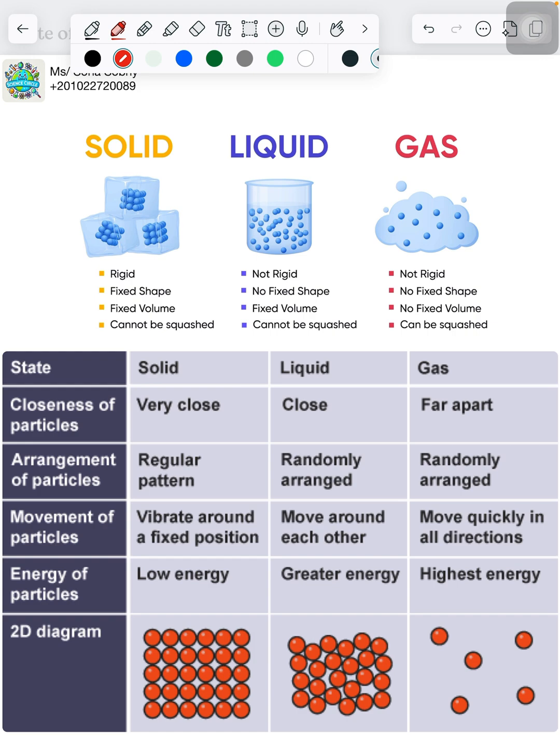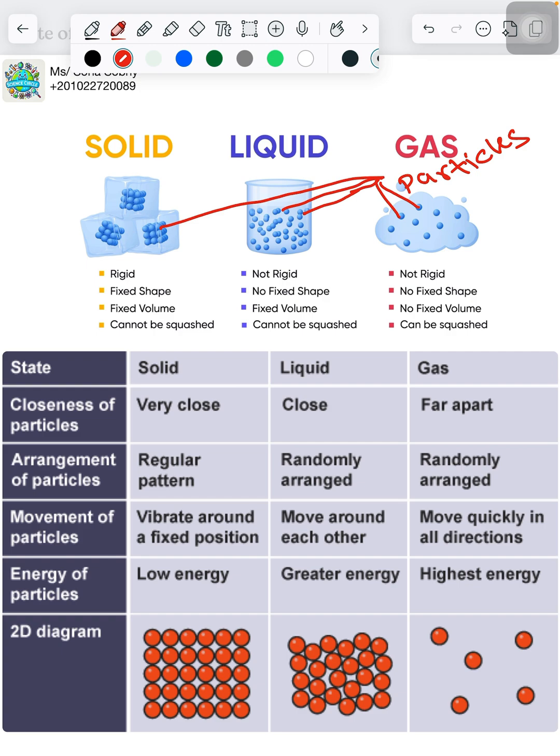As you may know, ice, water, and steam are all forms of the same substance, just in different states. These substances are made up of tiny particles, as you can see here. Those are particles that you can see with a microscope.